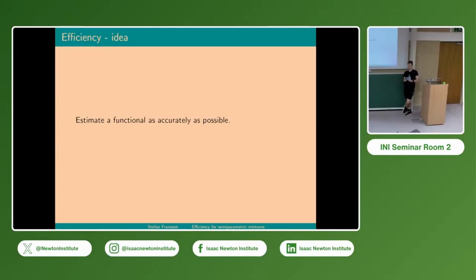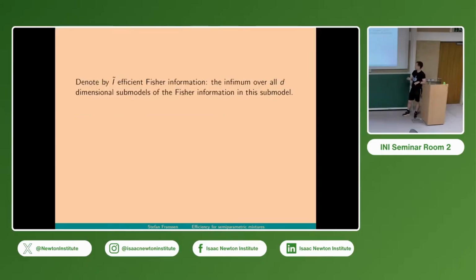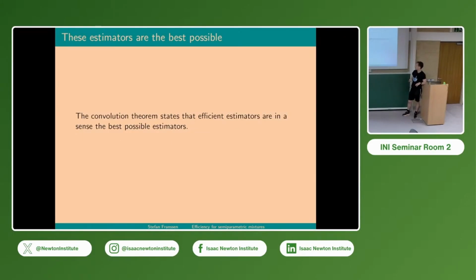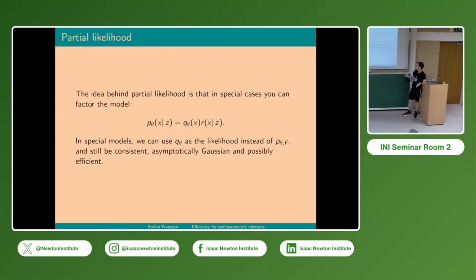And what we want to show, what we want to derive, is that we can achieve these efficient estimators in these mixture models. To the best of my knowledge, the first result on general efficiency type arguments, which was never completely written in the efficiency story, is the partial likelihood methods. The idea of partial likelihood is that, okay, in special cases we can modify our likelihood, and it should be an r theta.